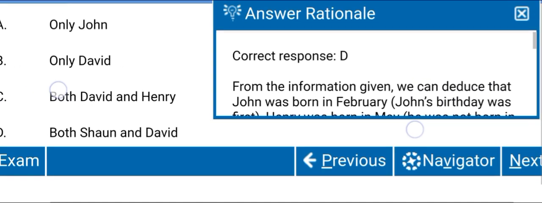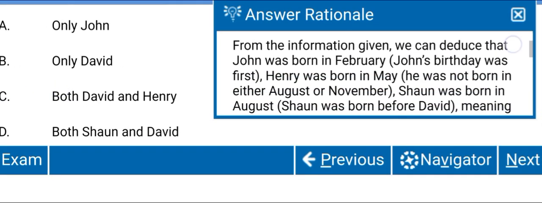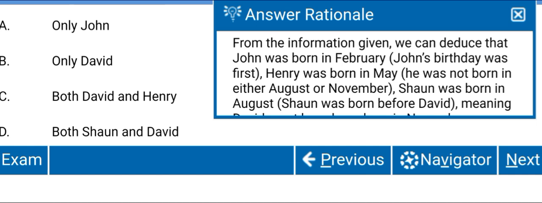From the information given, we can deduce that John was born in February. John's birthday was first. Henry was born in May. He was not born in either August or November. Sean was born in August.